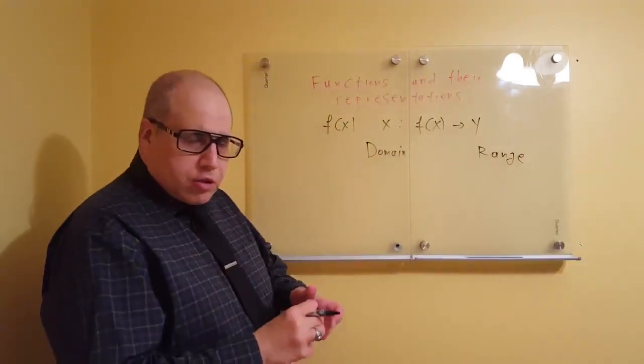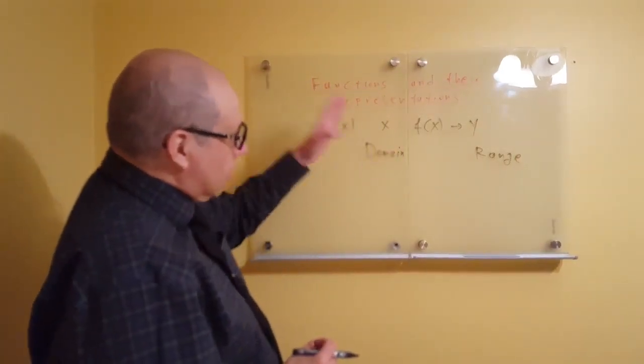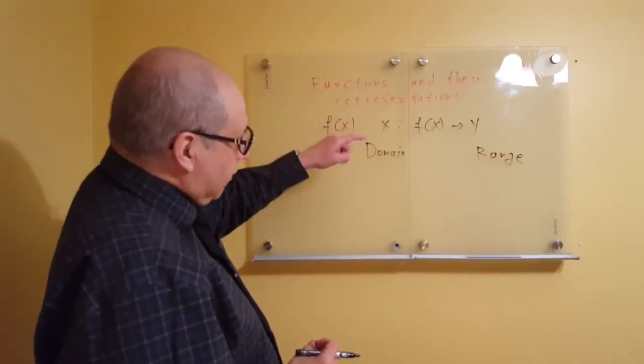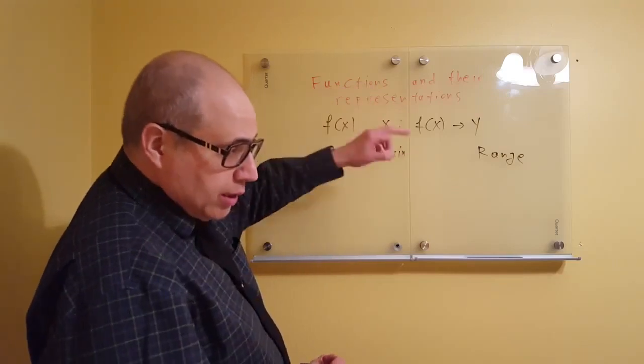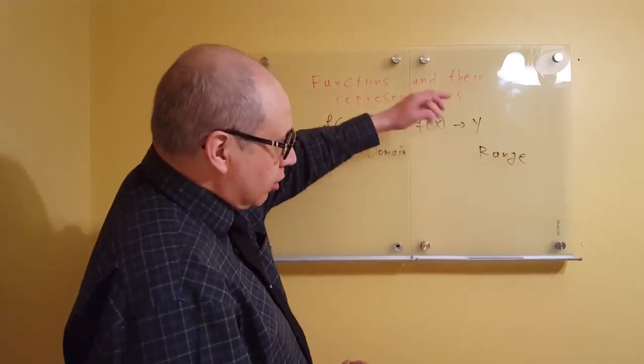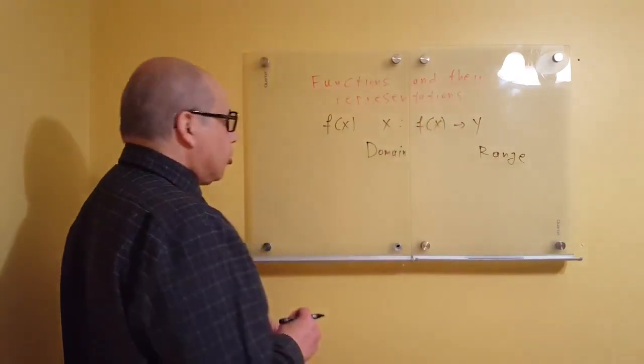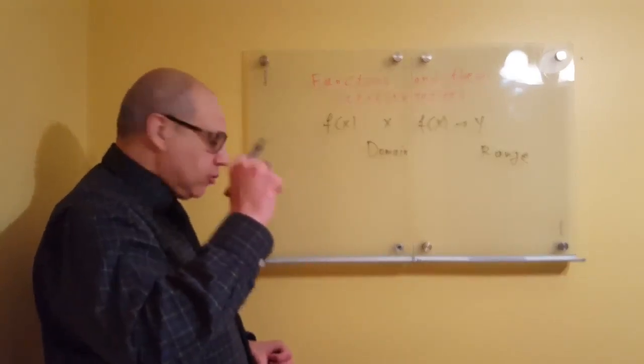And the formal definition is that for every element in the domain, there has to be one and only one element corresponding in the range. So that's the definition of the function.